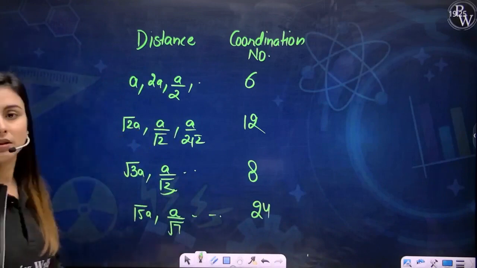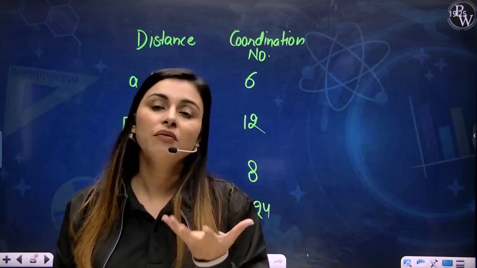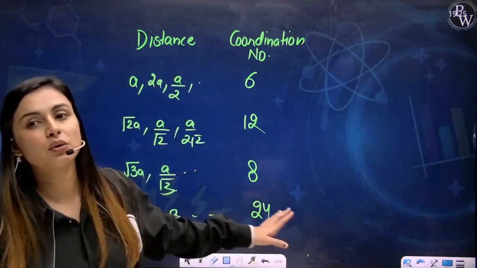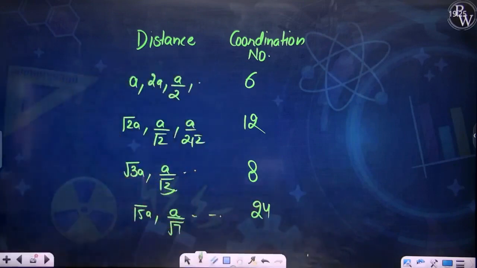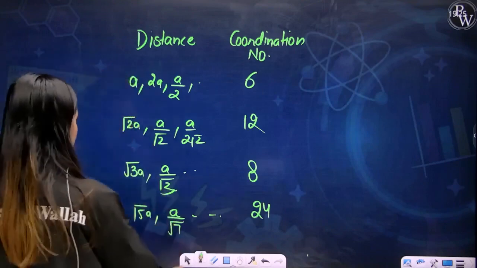This is the trick. You only have to find the distance and just check that this distance is a multiple of which factor, and you can find out the coordination number so easily. Write this down and I'll make you understand each and every part of it. I hope you've written it. Now let's move forward.